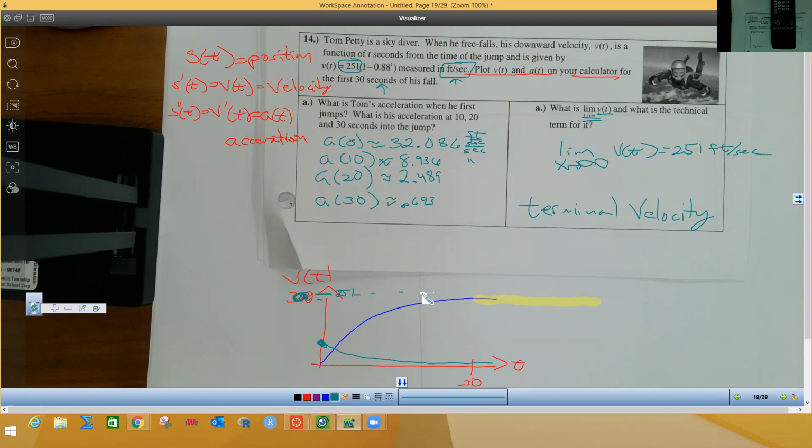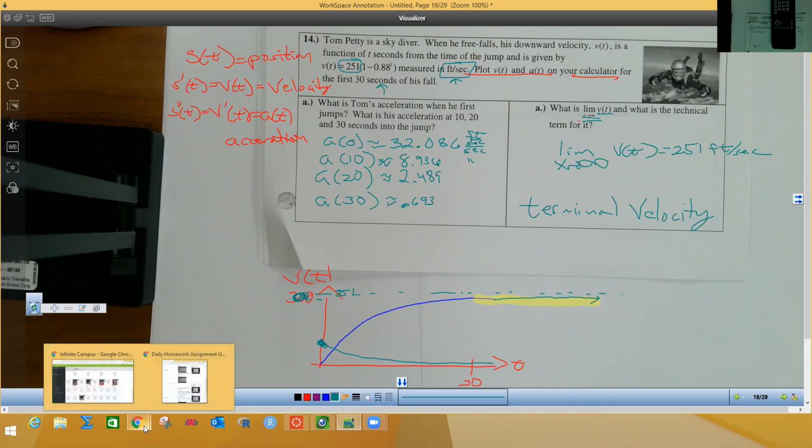If I took 251, that's my horizontal asymptote on this thing. And the further this graph goes out here, the closer and closer and closer it's going to get to 251. Okay? All right, so that's problem 14.